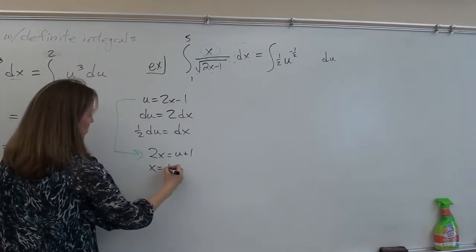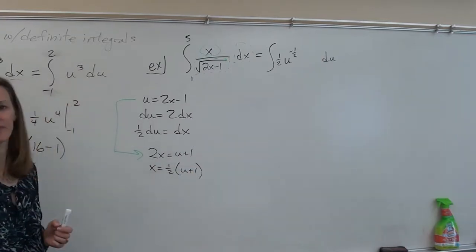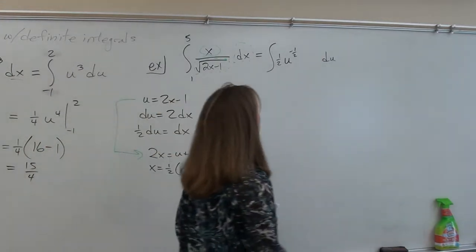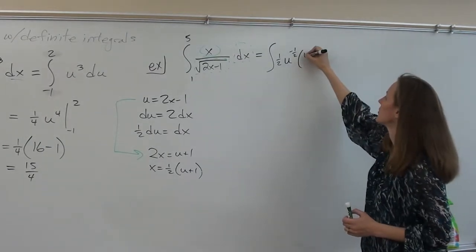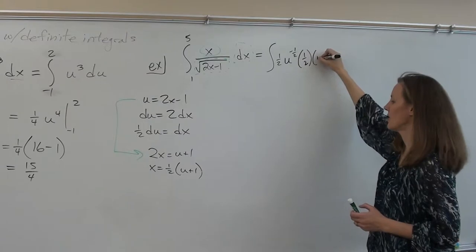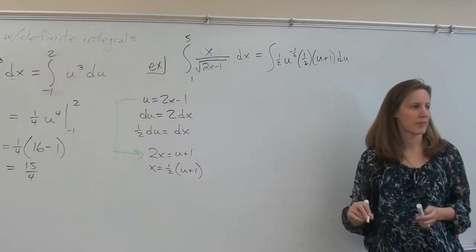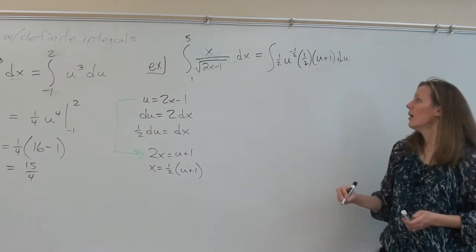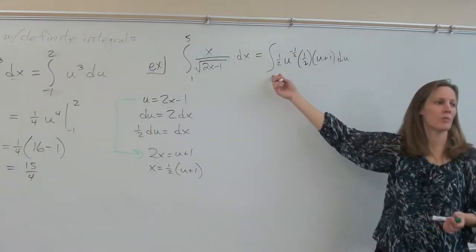So x is 1/2 times the quantity u plus 1, or u plus 1 over 2. So I'm going to plug it in like this: 1/2 times u plus 1 du. There's a lovely integrand. We're not quite done cleaning it up, but we do have to write our limits.